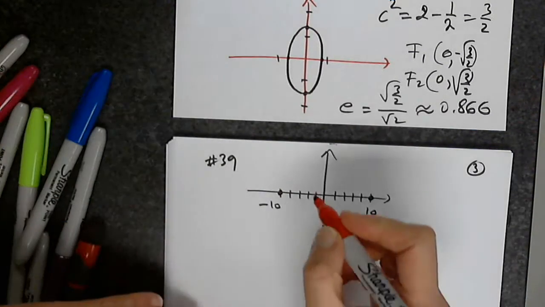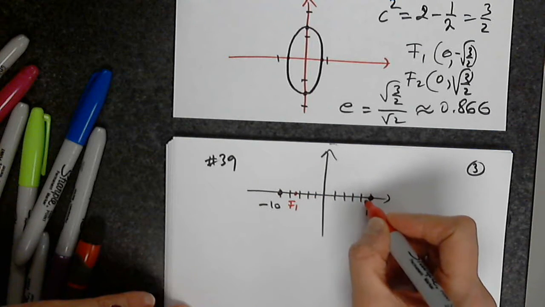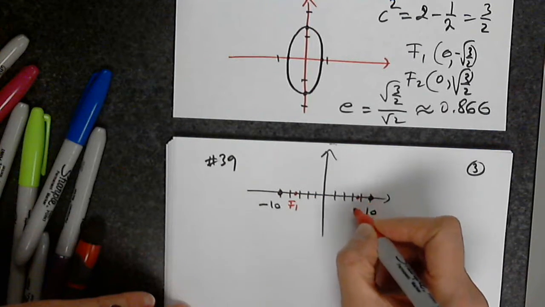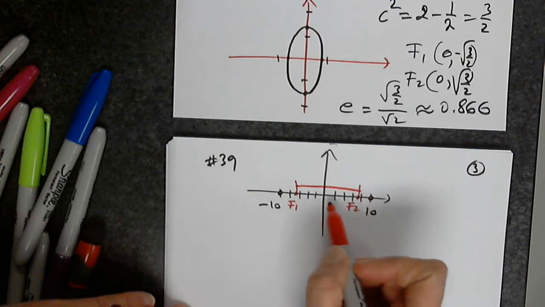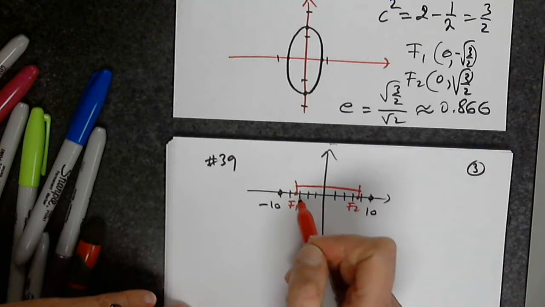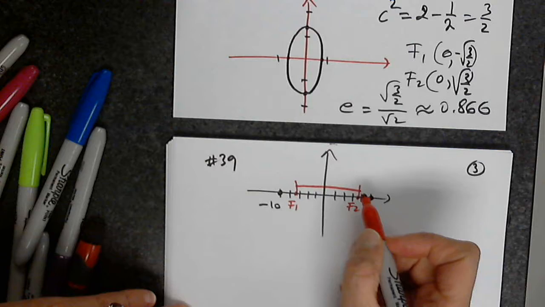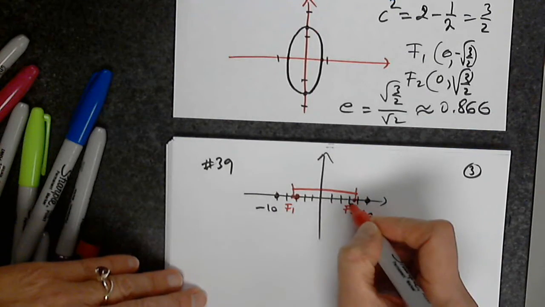So I'm going to say this is F1 and this is F2, and the distance is wrong. So if the distance is 6, they have to be right here. There is no other way. They have to be symmetric.